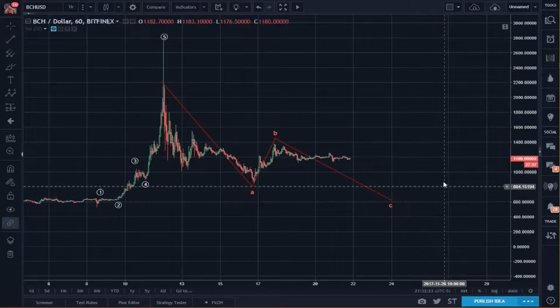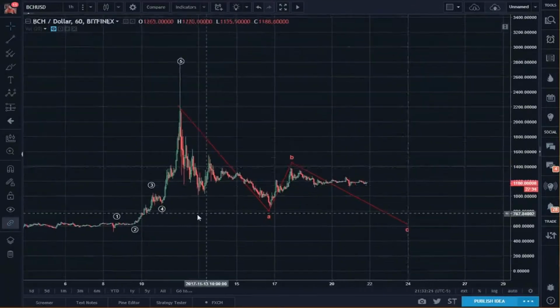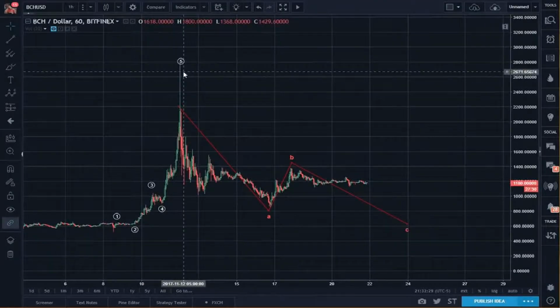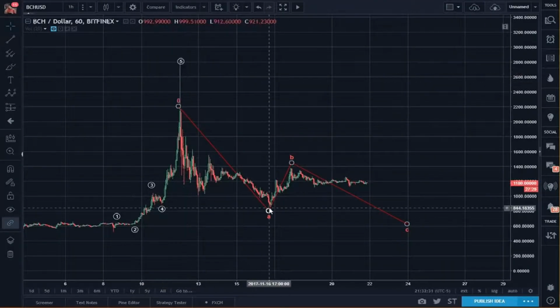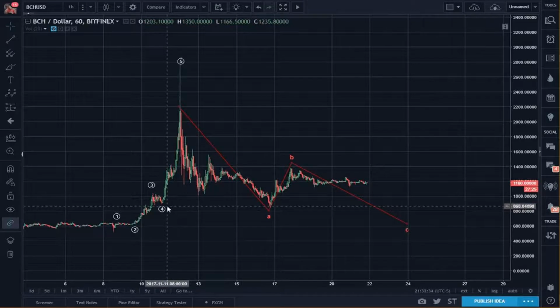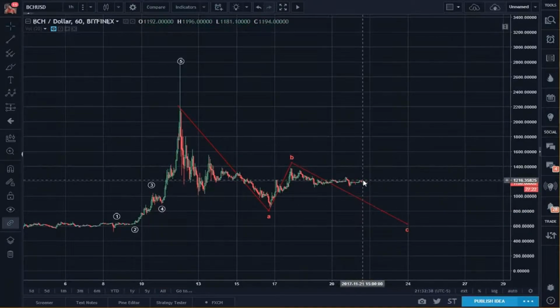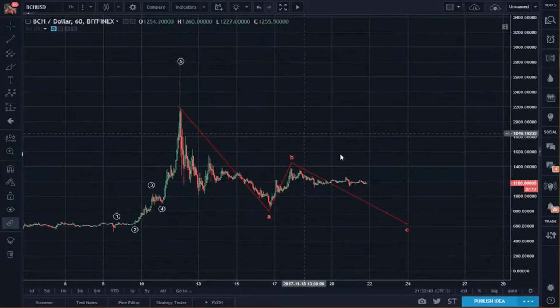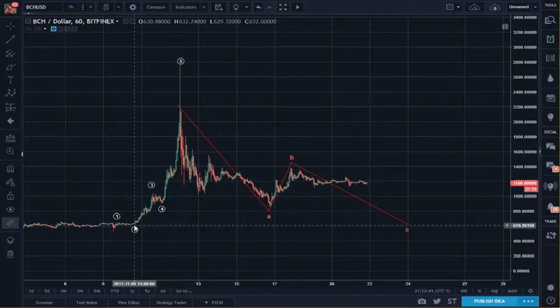The reason why I'm doing this is because 1, 2, 3, 4, look how extended wave 5 was. And it only retraced to 4, which is okay. I'll take that still as a primary, and as I showed you earlier, it'll go upwards. But usually when wave 5 is so extended, retracement is down to wave 2 areas.